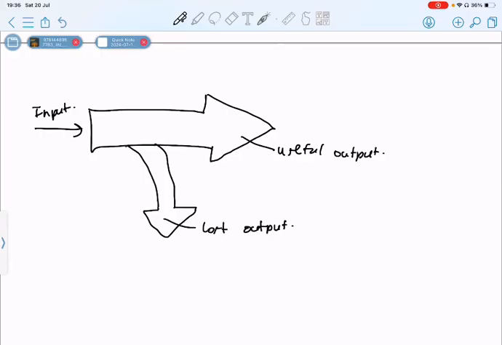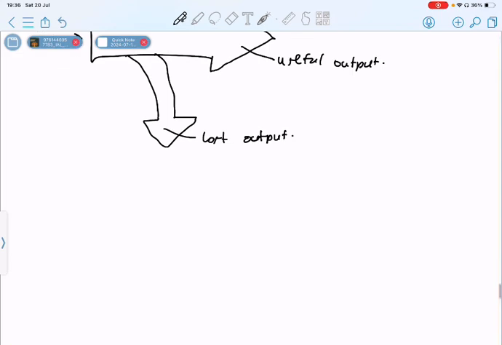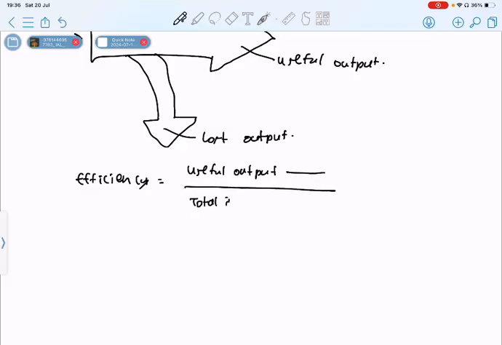Lost output plus useful output will give you the input power, okay? So what formula can we use? Efficiency has many formulas. Let's just say the useful output over the total input times 100.